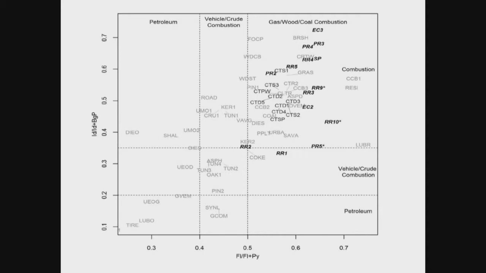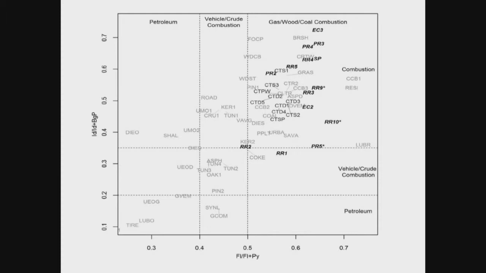So this is one way of looking at the data. We took on the y-axis the amount of indenopyrene, one of the PAHs, divided by the sum of the indenopyrene plus the benzo-GHI pyrene. So that's a ratio on the left, and on the x-axis is the fluorene over the fluorene plus pyrene amounts. So another ratio. So a double ratio plot.